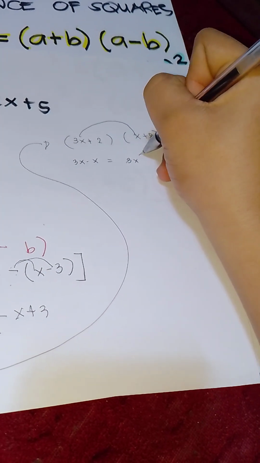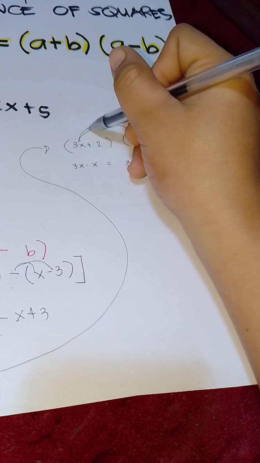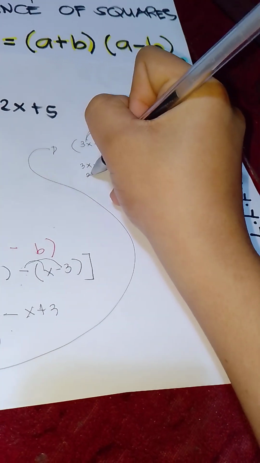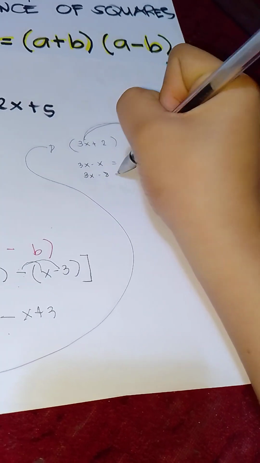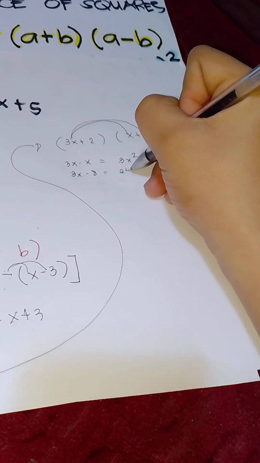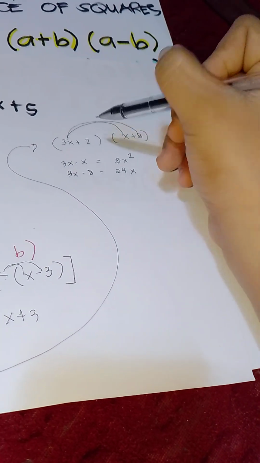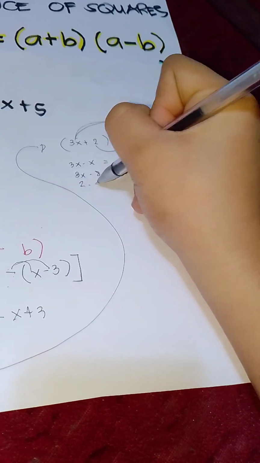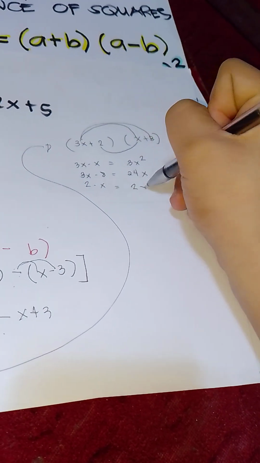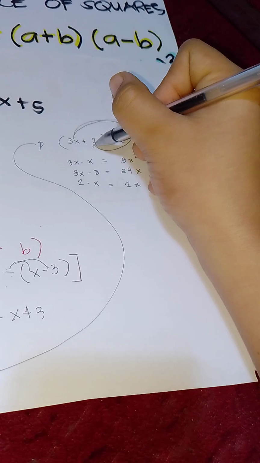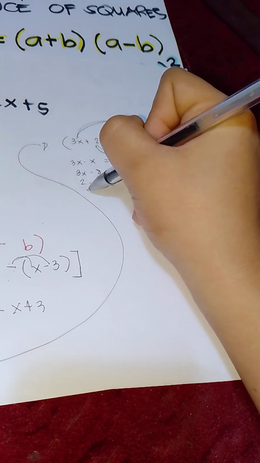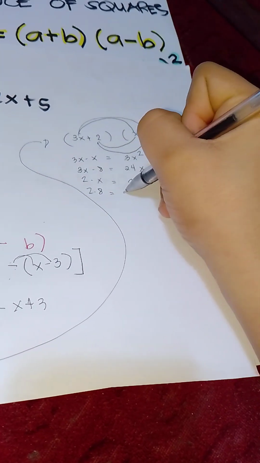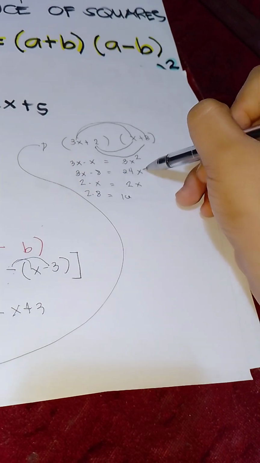Then we distribute to another part. We have 3x times 8. The result is 24x. Next is the second term. 2 times x. The result is 2x. And for the last, we have 2 times 8. The result is 16.